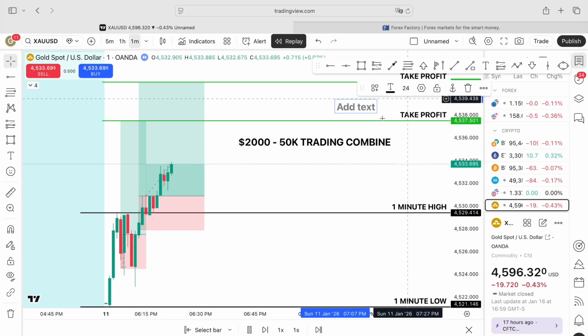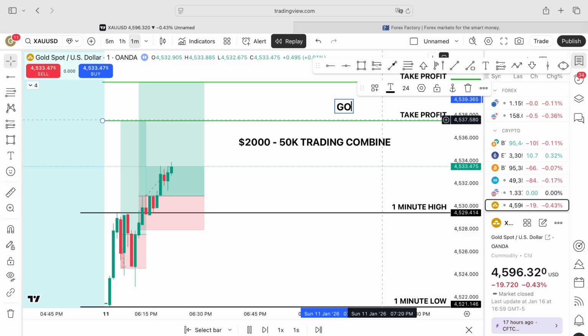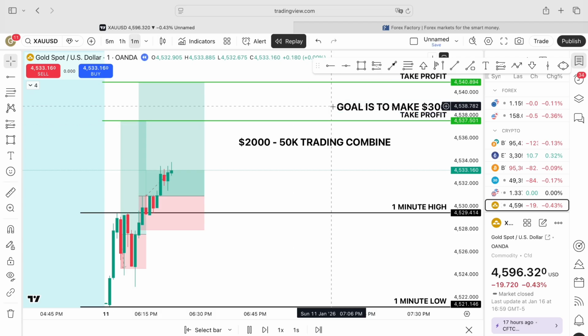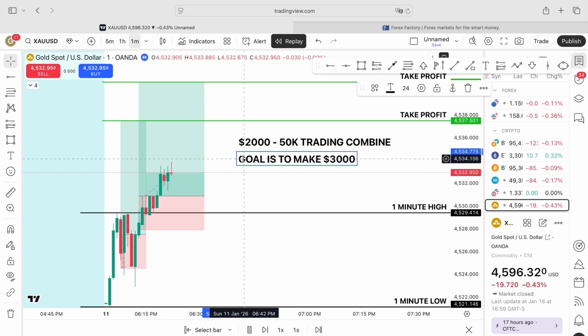Bro, this is like super slow. Your goal is to make $3,000 to pass the combine, right? So you basically gotta take 2,000 to 3,000.